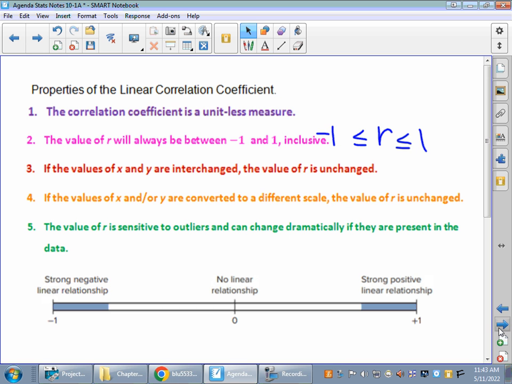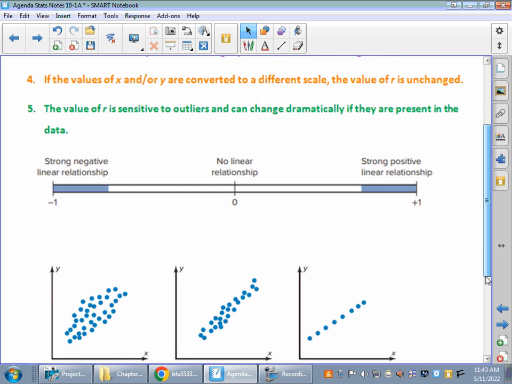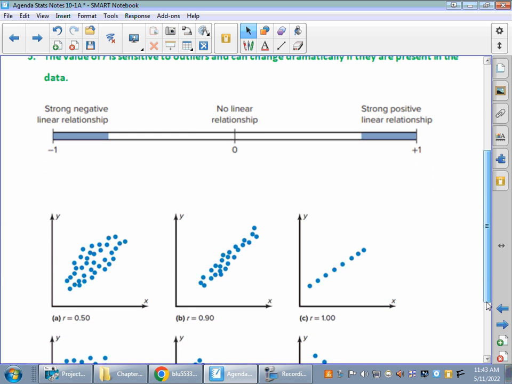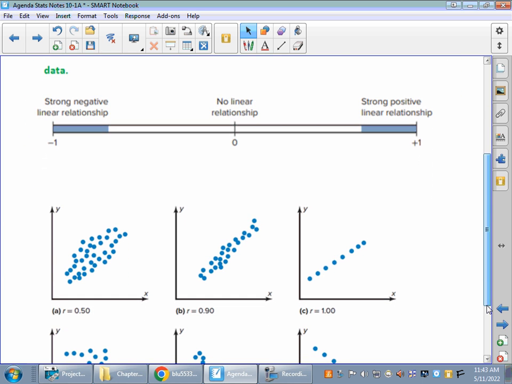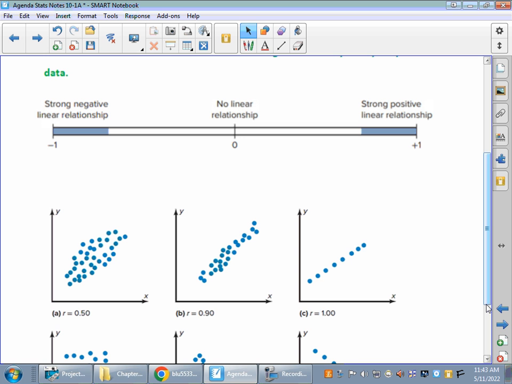All right. So when I look at this little table right here, and I don't think you have this in your notes, but these examples down at the bottom. So strong linear relationship negative is at -1. So the closer you are to -1, the stronger the relationship, and it's a negative slope.